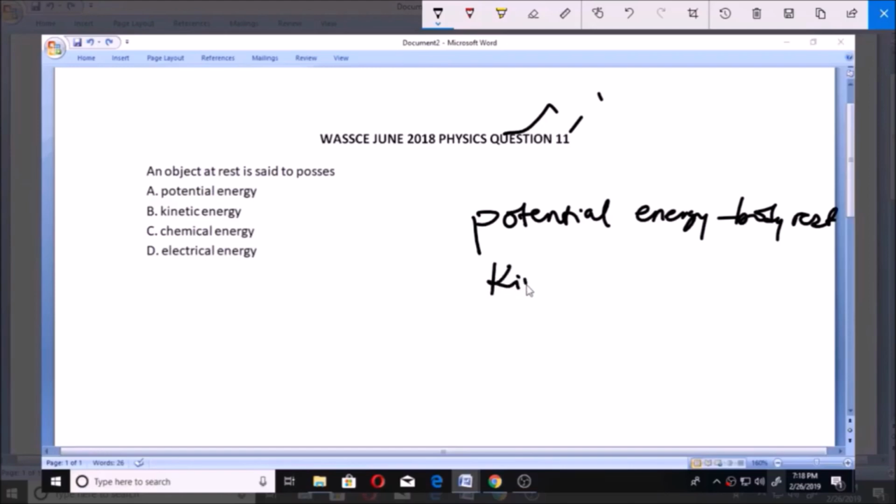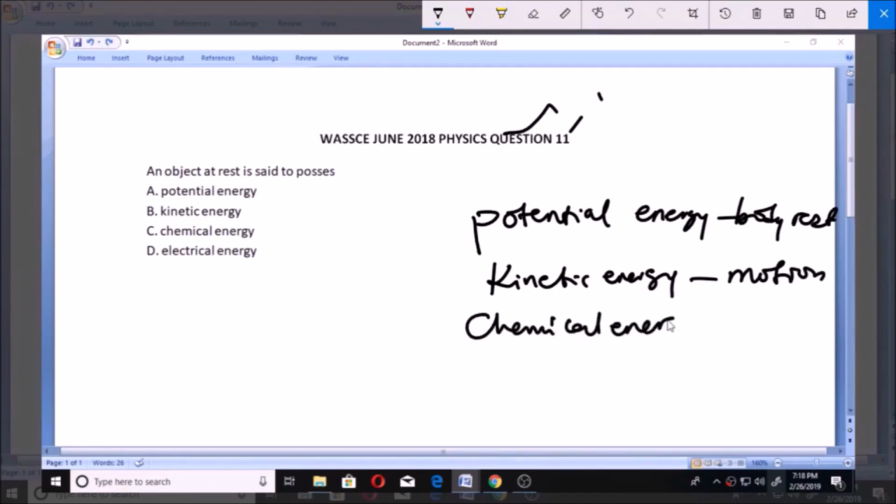Then we also know about kinetic energy, which is energy due to motion, energy of a moving body. Then we know about chemical energy, which is energy in chemical substances. The energy you have in cassava, the energy you have in your food, matter, in form of food or any other thing. That's chemical energy.